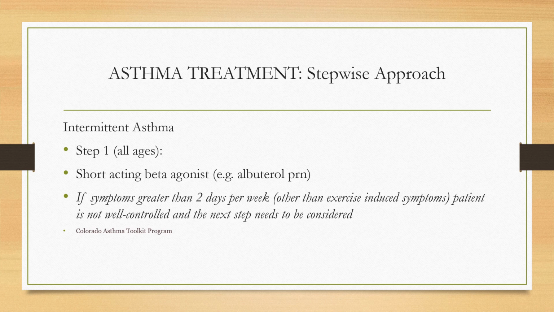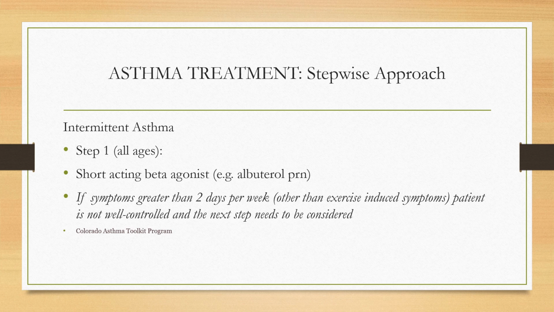So what do I mean by stepwise approach? Stepwise approach means that if you're on a regular regimen of medications and you are well controlled, you don't have to do anything. But suppose you have flare-ups, suppose you have symptoms. What that means is you have to step up your treatment regimen.